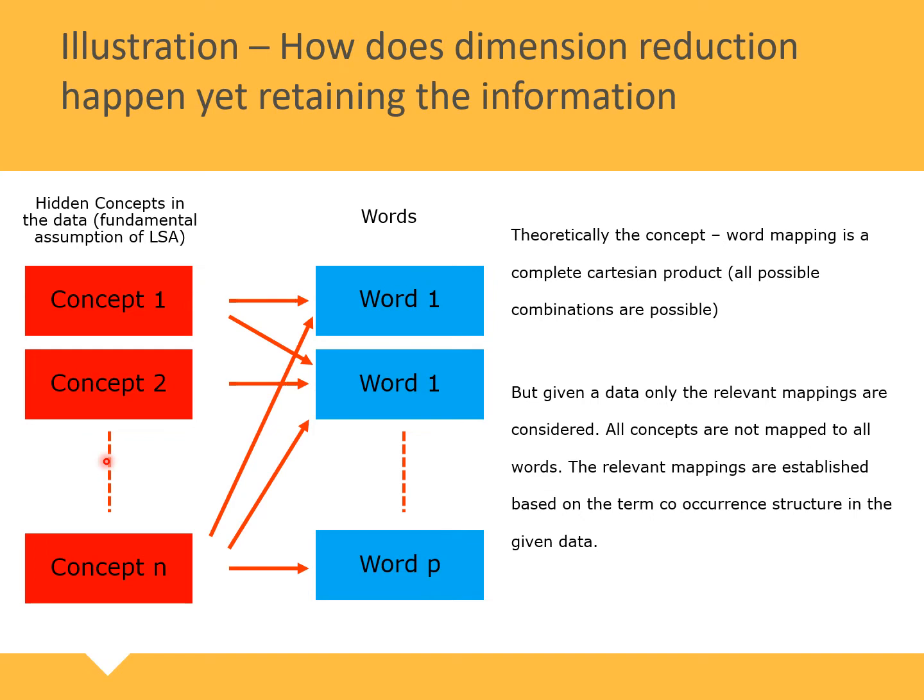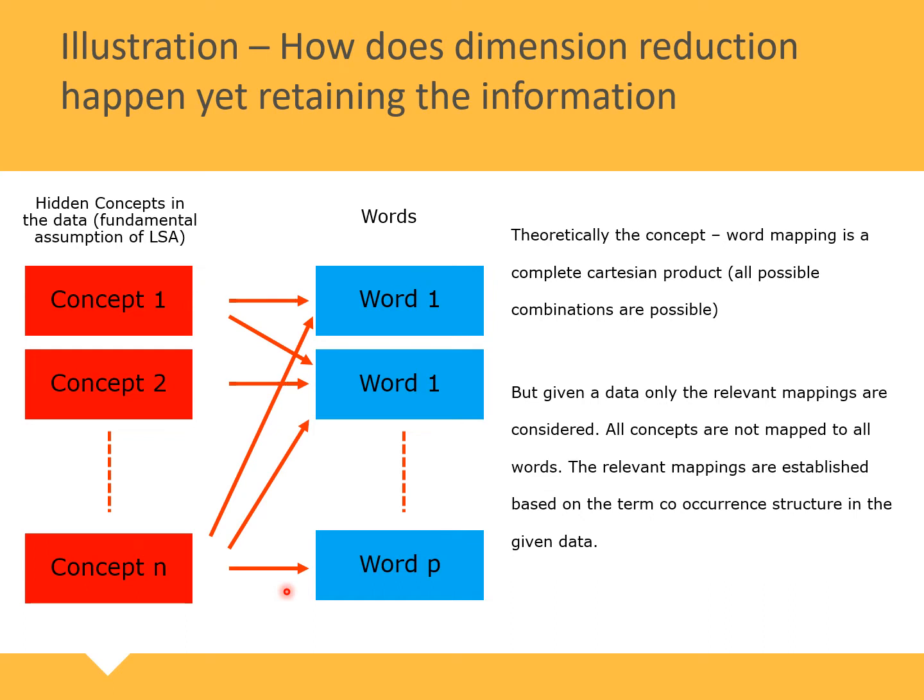So if we assume that there are n different concepts hidden in the data, then theoretically every concept can be linked to every word. And assuming that there are p many words, which is the size of your vocabulary, theoretically every concept can be related to every word. But in reality that is never the case.